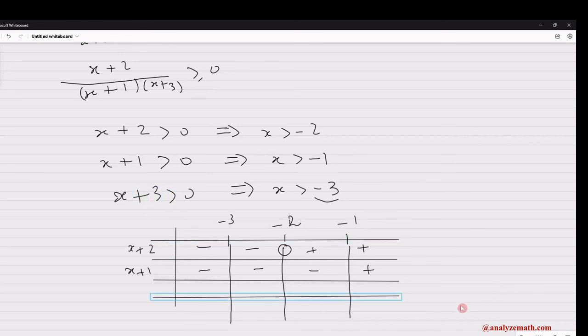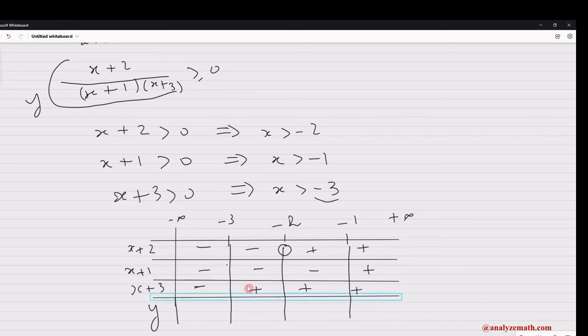Now x plus 3, the last one, it's positive when x is bigger than minus 3. Here is minus 3. Bigger, you go to the right. So that's where x plus 3 is positive, and here it is negative. Now let's not forget negative infinity and plus infinity. And then we're interested in the sign of this, which we call y. So let's put it here, y.